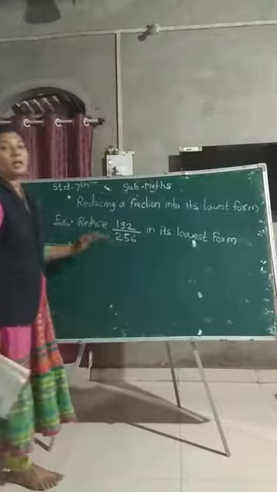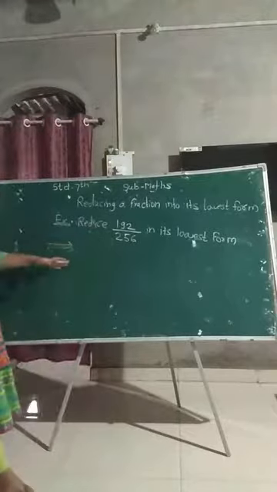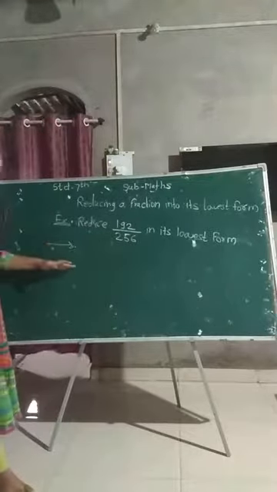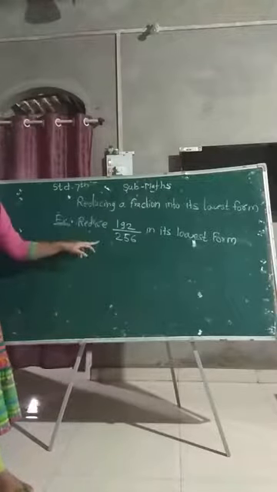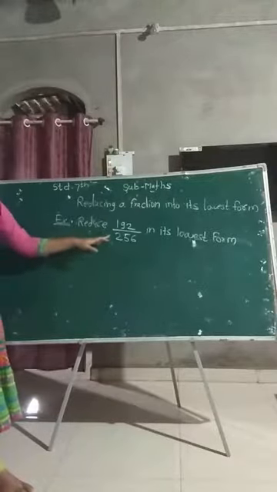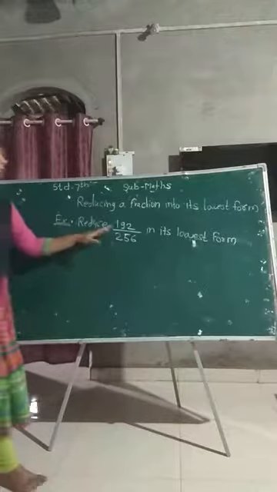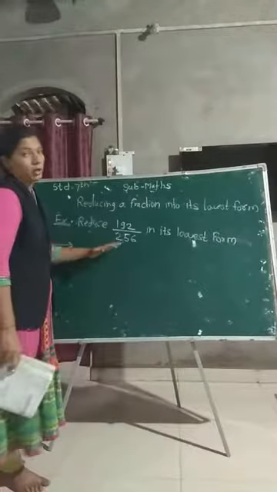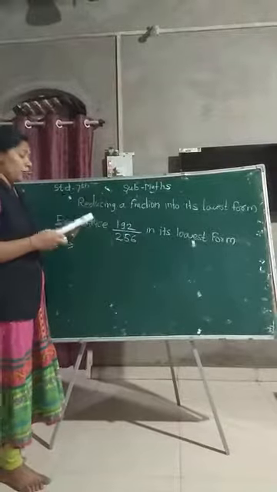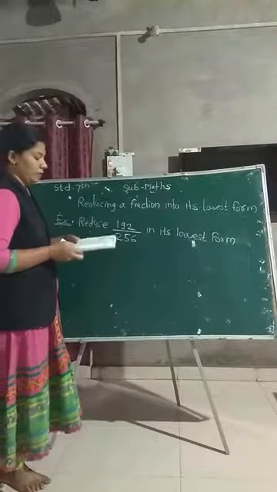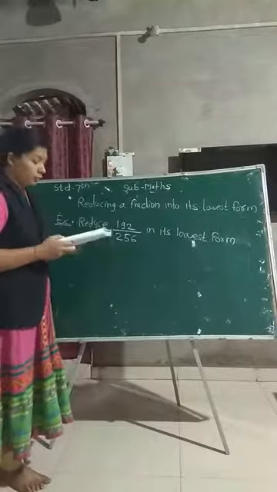Choose only common factors and multiply them. Then we get the HCF of 192 and 256. And here HCF of 192 and 256 is 64.